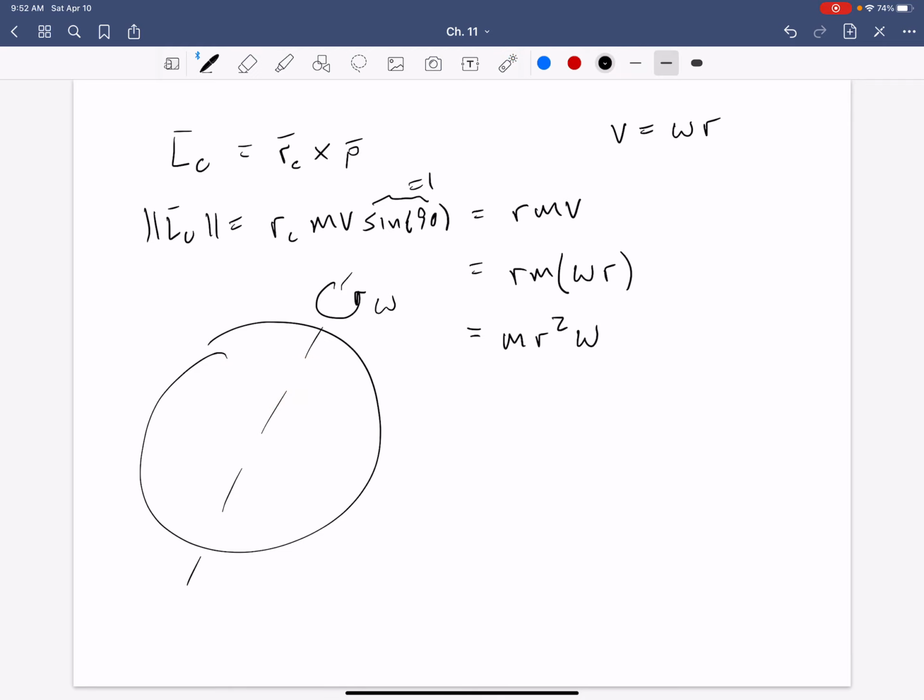Okay, so we can write this, for example, as this. We have each of these tiny bits of mass. I'm going to call them m sub i. Each of these tiny chunks. And they're all a different distance, which I'll call r sub i, from the rotational axis.